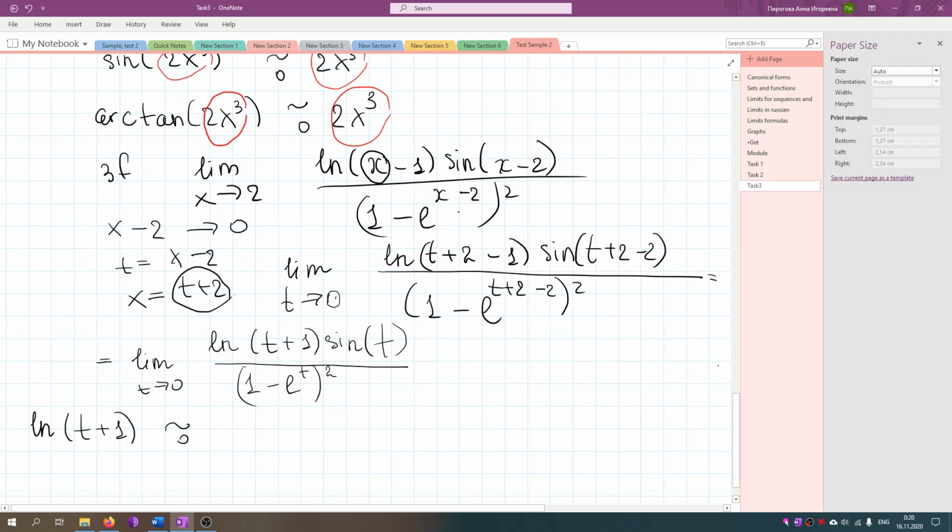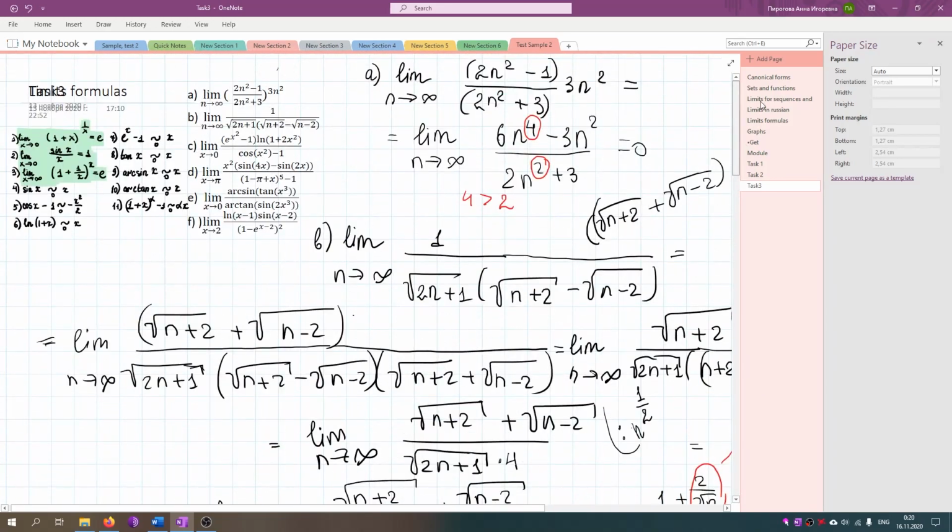So natural logarithm of t plus 1. Let's look at the formula. Natural logarithm of 1 plus x is equivalent to x. Our argument is x, and we will get x.